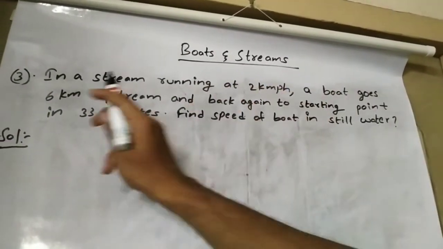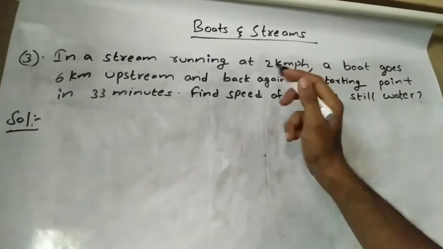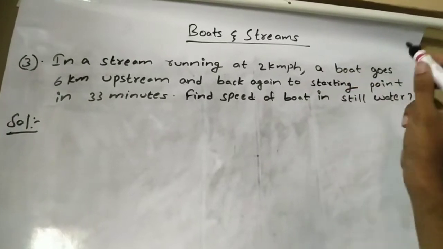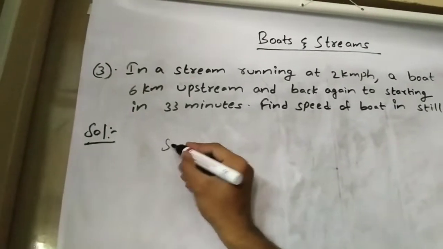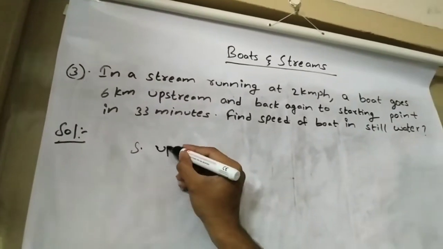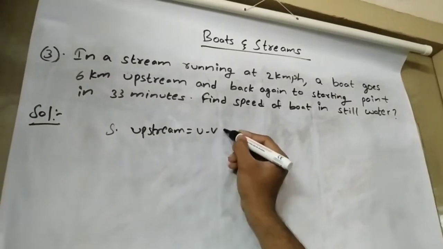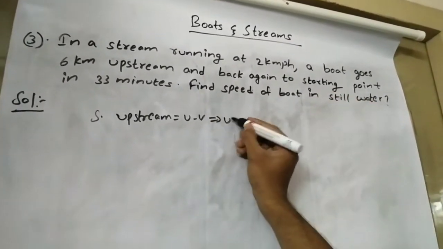Here they are telling that a boat goes 6 km upstream and back again to the starting point. It means the boat covers 6 km upstream, and when it comes back, it also covers 6 kilometers downstream. The speed of the boat upstream is u minus v, where u is unknown.